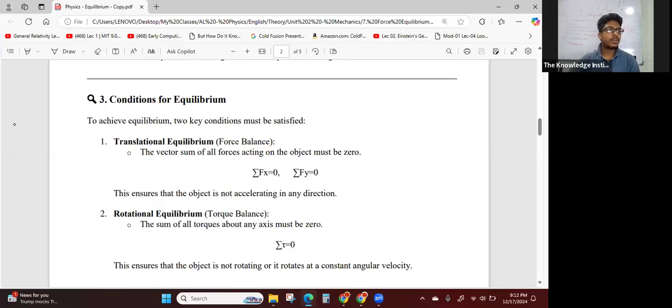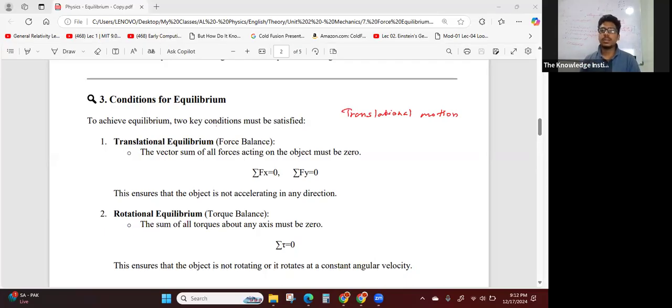Does anyone know what is the meaning of translational motion? If I ask you what is translational motion, how can you give an answer? Kinetic motion, it is somewhat okay, but it doesn't explain thoroughly, because if you consider the rotational motion also, it is kinetic. It has some kinetic energy, right?